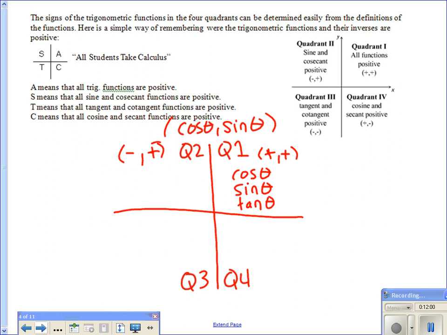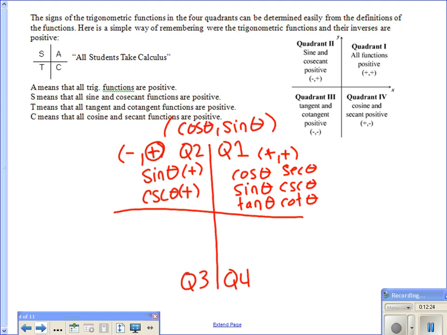The only thing that's positive is the y coordinate, so sine theta is positive here, and its reciprocal function, so sine and cosecant theta would be positive. I should write the reciprocal functions here too: secant theta, cosecant theta, and cotangent theta.